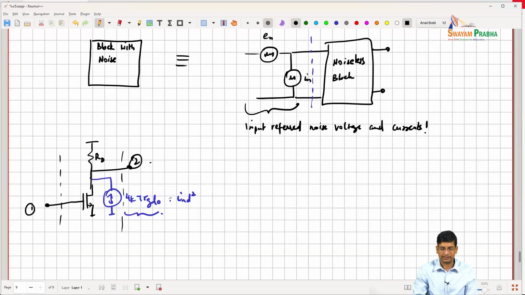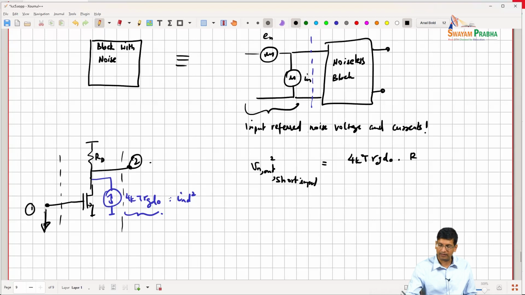Let's look at what happens in this noise model. Let's see what happens in the real world if I short this input. When I short this input, I still see an output noise which will be 4kT gamma gd0 times RD squared.